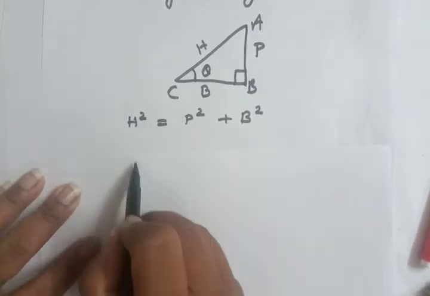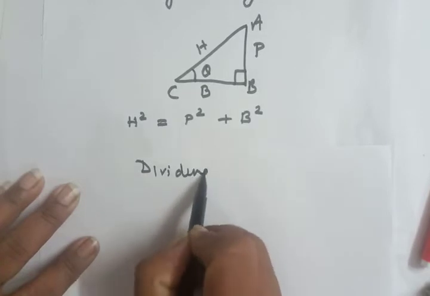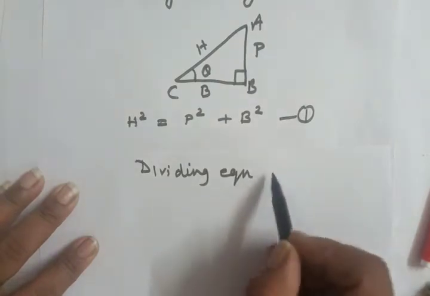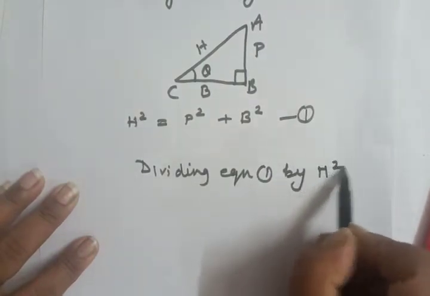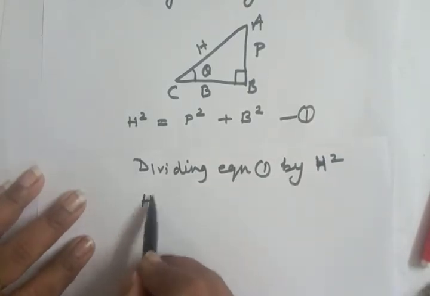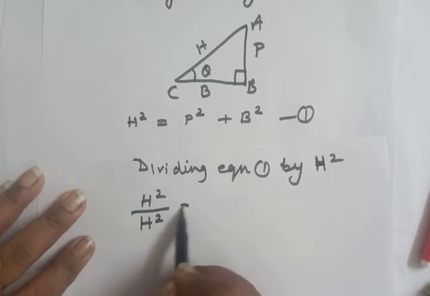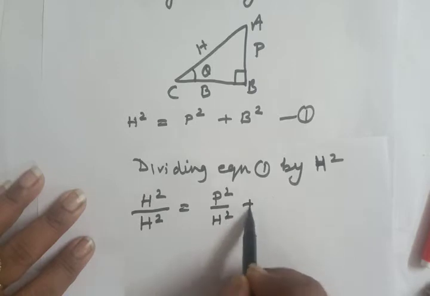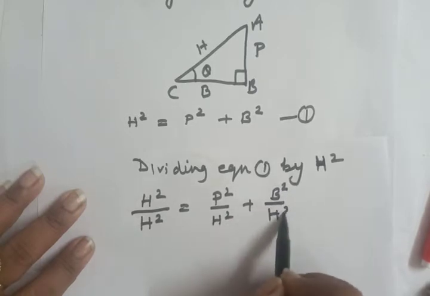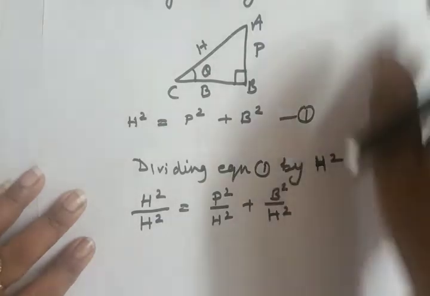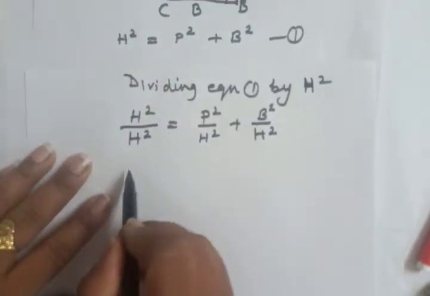So dividing equation 1 by hypotenuse square, we get h square upon h square is equal to p square, that is perpendicular square, upon hypotenuse square, plus b square upon hypotenuse square. That is equal to 1.